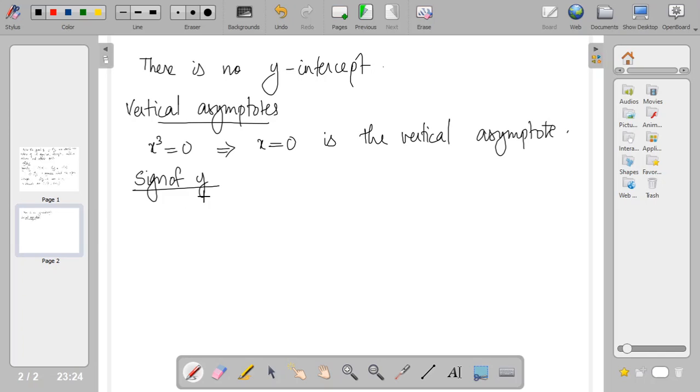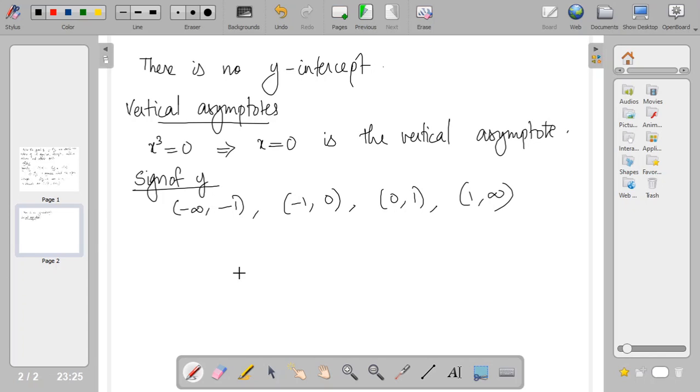The intercepts are 1 and -1, and the asymptote is 0. So let us divide the real line into these intervals: -infinity to -1, then -1 to 0, then 0 to 1, and then 1 to infinity.